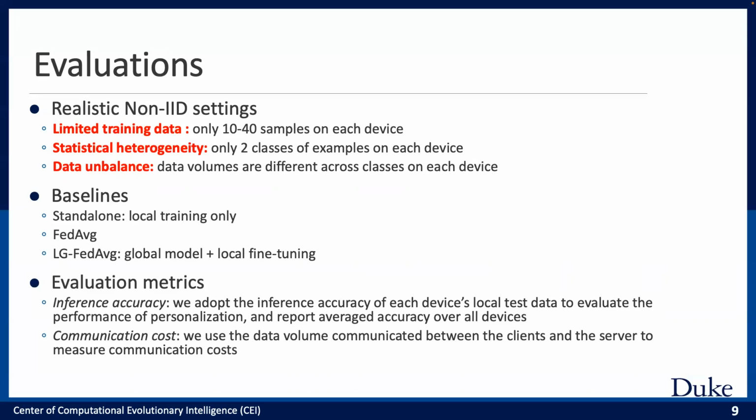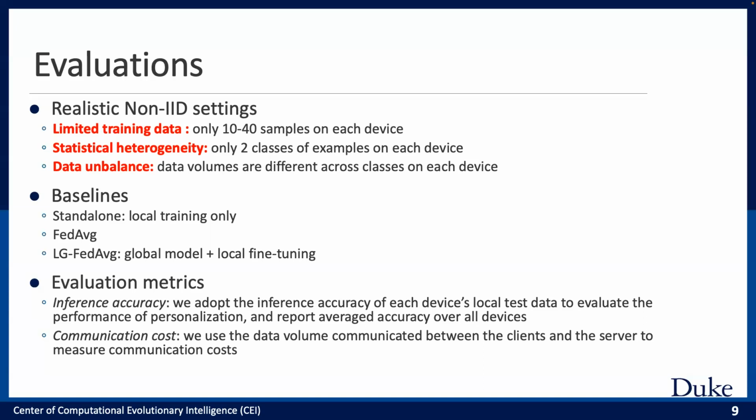And we have unbalanced data, which means that one class has a significantly larger number of samples than another class. That's usually the case. The baselines are FedAvg and LG-FedAvg, and then a global model with local fine-tuning. We evaluate inference accuracy and communication cost.